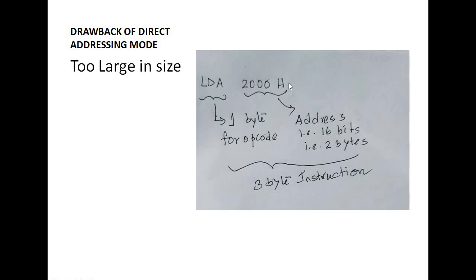A memory location is 16-bit data, that is, it will contain 2 bytes. So the address is 2 bytes and 1 byte for the opcode, so it will always be a 3-byte instruction, and it will always take 3 memory locations, 1 byte for 1 memory location, right? So the instructions that we use in direct addressing mode will be too large in size. So this is one drawback.